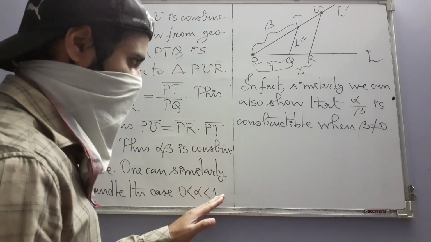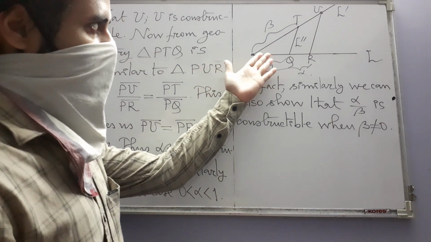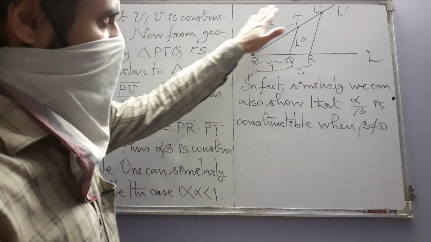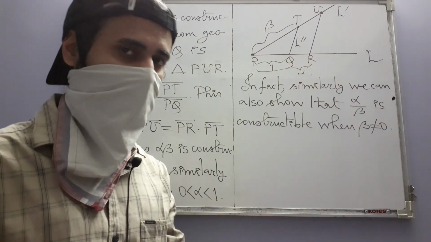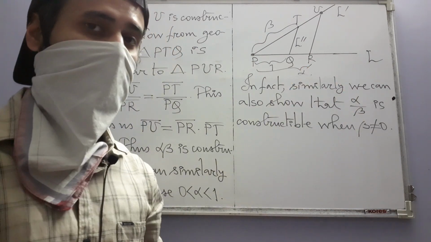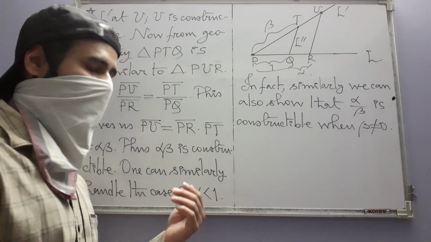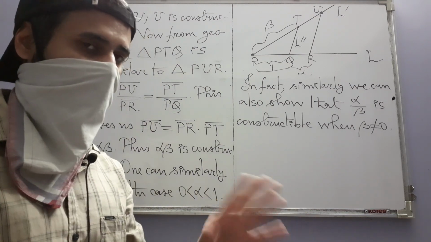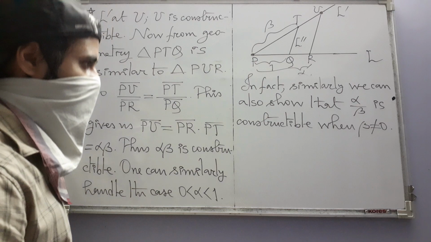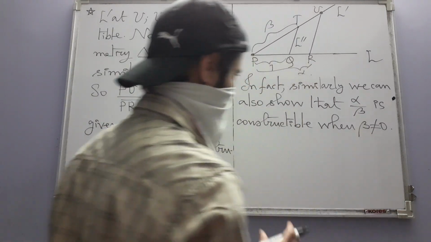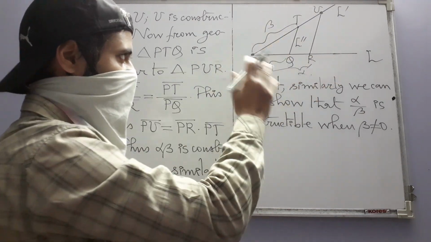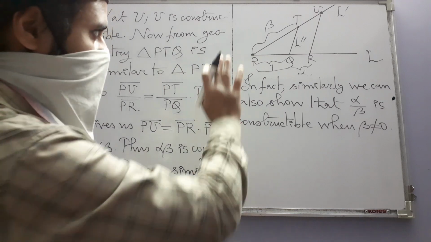The only hint that I will give you is that you just have to take the lengths cleverly, so that after going through such an argument involving similar triangles, you end up having something like this, alpha divided by beta, or in this case also you end up having alpha beta. You play with these figures, you will figure it out. It's not that difficult. It's just a matter of getting the correct lengths and the correct triangles, that's it. And the figures are going to be exactly similar, nothing else, just something like this.